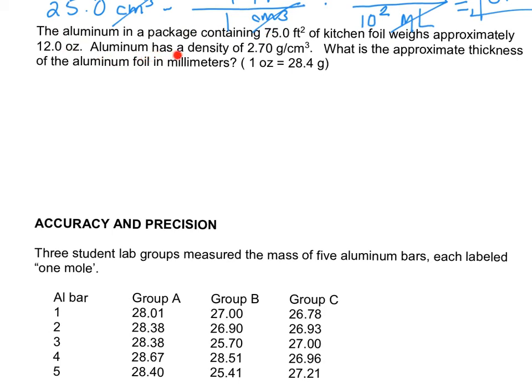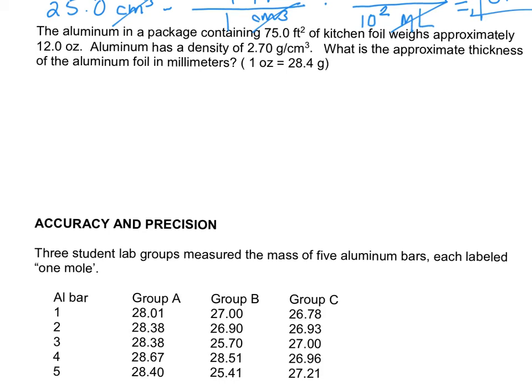They tell us the density, it's 2.70 grams per centimeter cubed. They want the approximate thickness of the aluminum foil in millimeters. This is a lot of conversions. They give us that an ounce is 28.4 grams. On the AP exam or on my test, you'd also be given feet in order to change it to meters or centimeters or something like that.